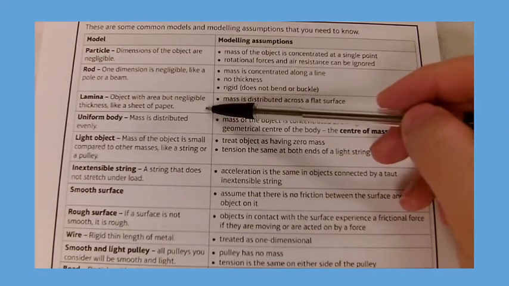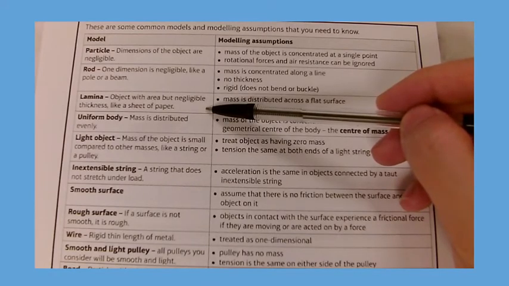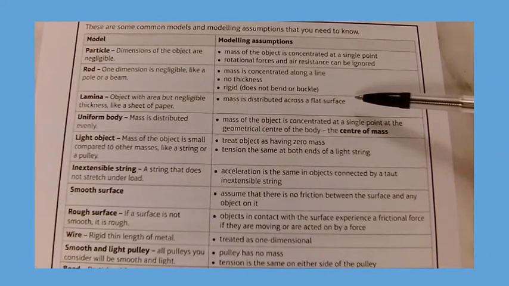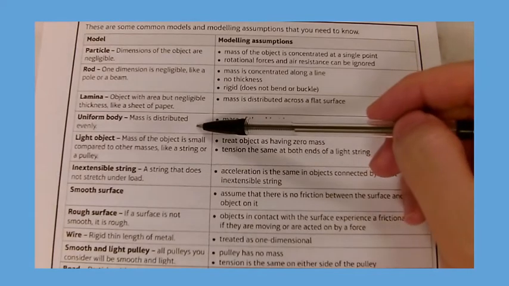A lamina, not very common across the mechanics course, but nonetheless it is there, is an object with area but negligible thickness, like a sheet of paper. If we say anything's a lamina, we assume the mass is distributed across the flat surface. Uniform body is something that you'll definitely see quite a lot of.